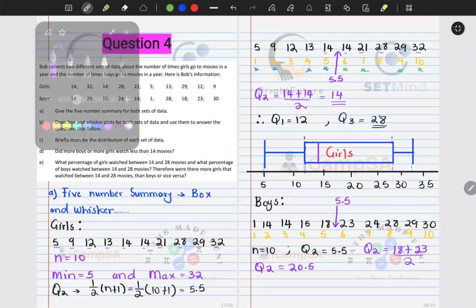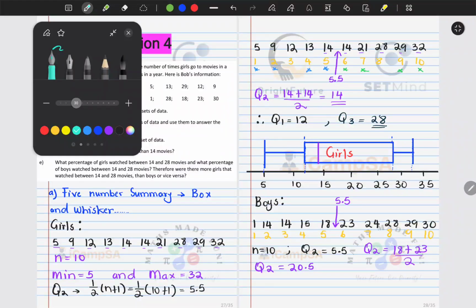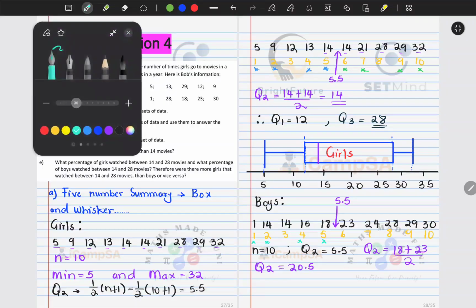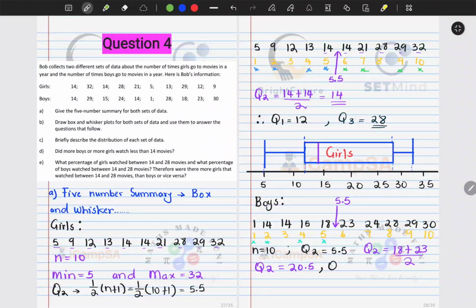Okay, then we can go and read Q1. So you have this and that, this and that. So our Q1 is 14. Okay, Q1 equals 14. Then Q3, you will see you'll have this and that, this and that. So it will be 28.